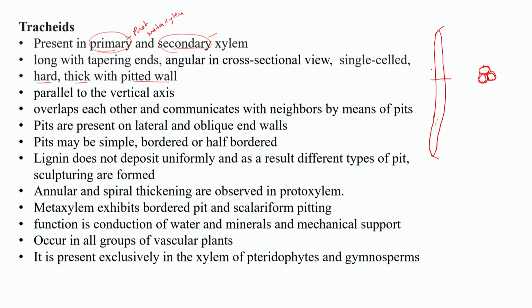This entire tracheid which is shown here is a single cell, and they will be parallel to the vertical axis. Suppose this is the stem and this is the vertical axis. These tracheids will be parallel to the vertical axis and they will overlap with each other. A lot of tracheids will be overlapping with each other.